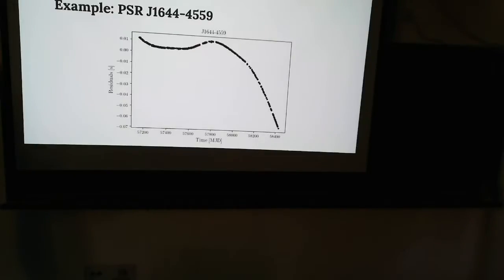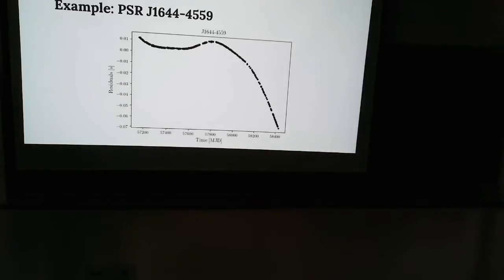So you might say, oh, I've gotten the spin period incorrect, or the spin down incorrect. So there'll be slight differences in what you think the spin period is at these different times, due to the spin noise, or due to not accounting for the spin noise. Does that make sense?